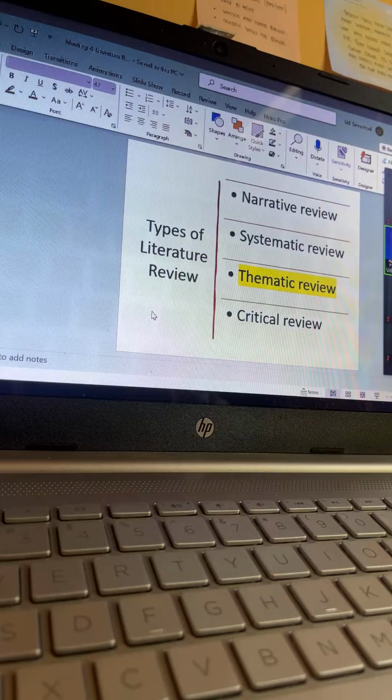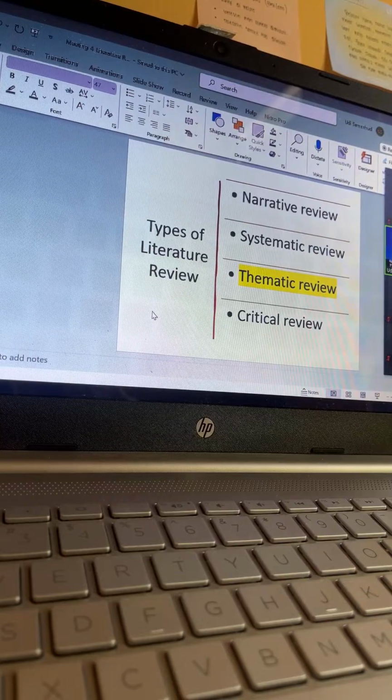In your research article, you may have in your literature review theme A and then subtopics, and then theme B and then subtopics. For example, English academic writing, that's the theme, and then there are smaller sections. Okay, that's what we call a thematic review, and that is the one that I would highly recommend when you do your final project for this course. All right.